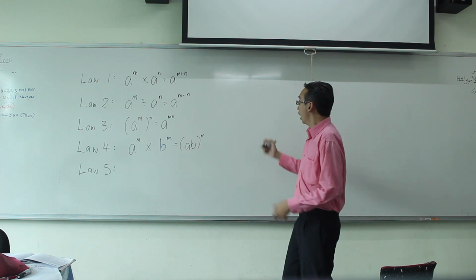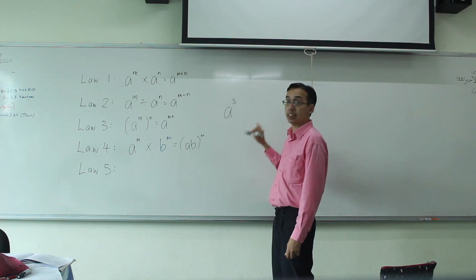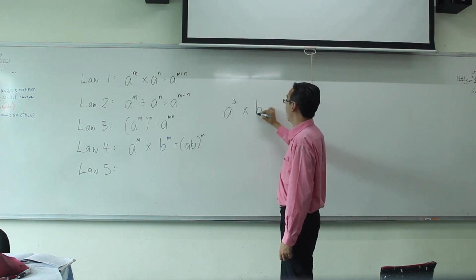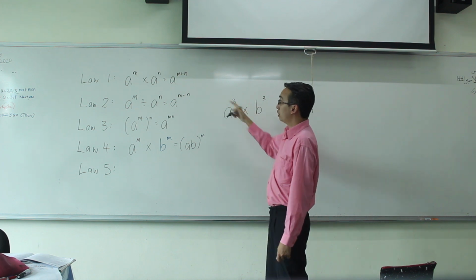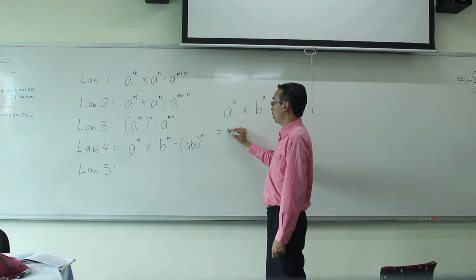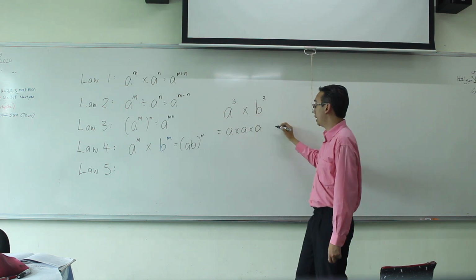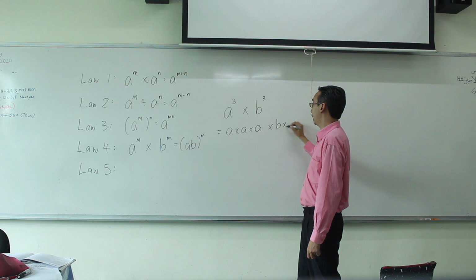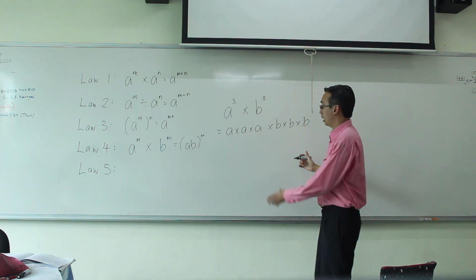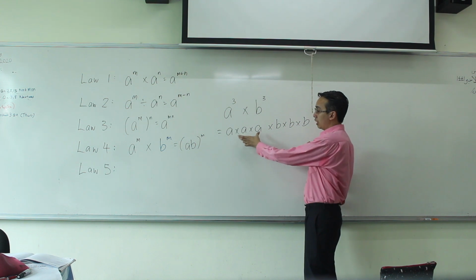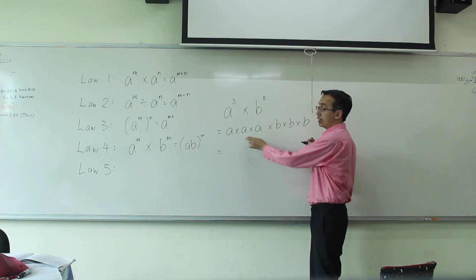Let's try A to the power of 3 multiplied by B to the power of 3. Similar to the previous one, we can break it up into A times A times A. Correct? For the B, we multiply it as B times B times B. But other than grouping them like this, we can actually regroup them because these are all multiplication.